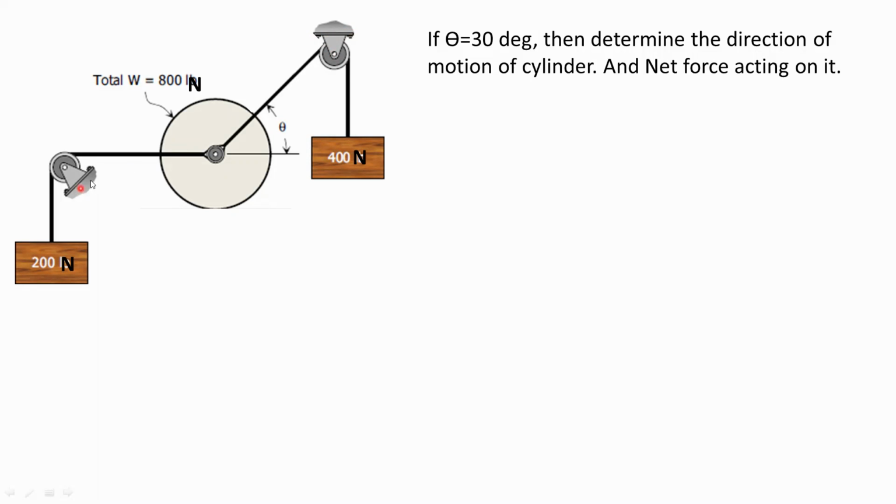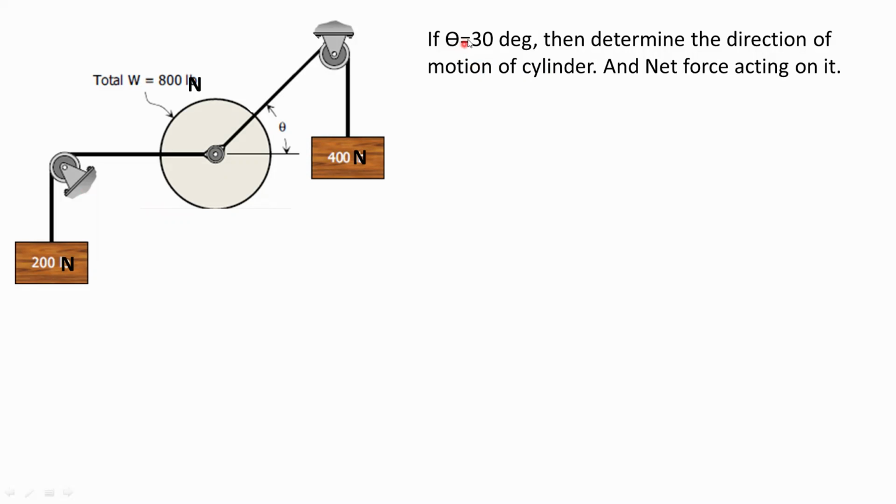This is the second pulley, again fixed to the wall. And this rope is passing over this pulley, and the pulley is frictionless. There is no friction. We have connected one weight of 400 Newton and the second weight of 200 Newton. And for this cylinder, the total weight W is equal to 800 Newton.